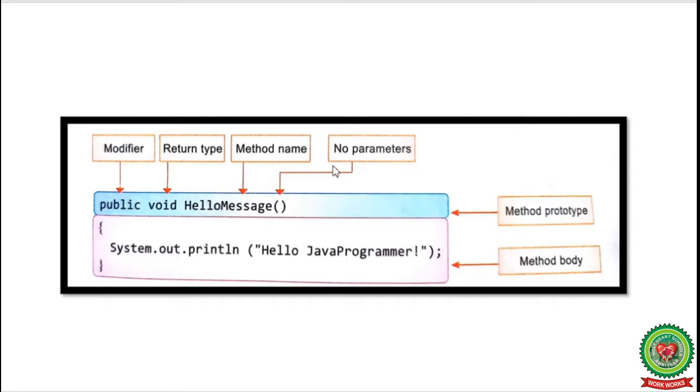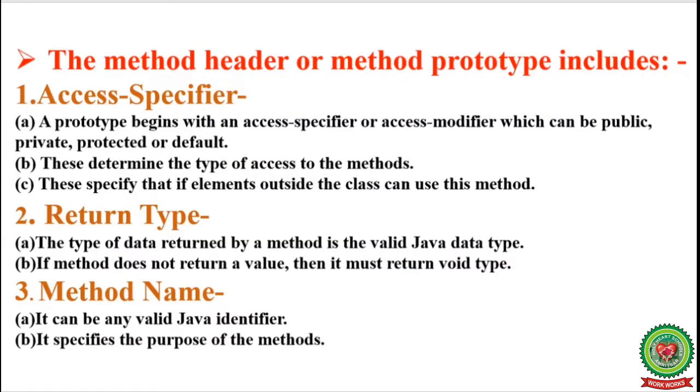Parameters means the list of arguments that we pass to the function. And this is the method body in which we write the statements to be executed. We are going to discuss in detail the method header or method prototype.